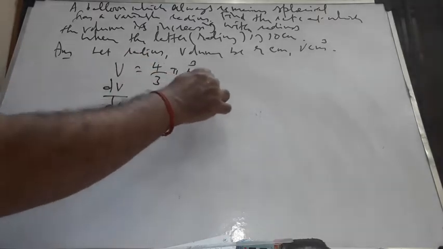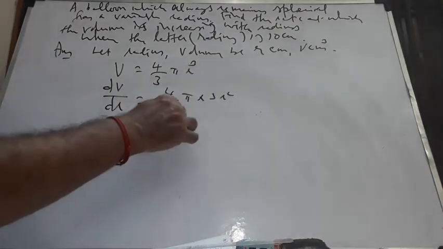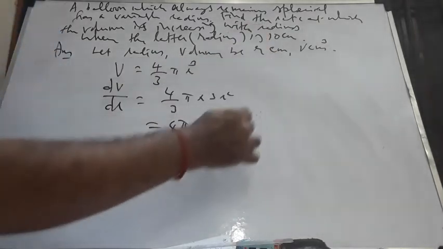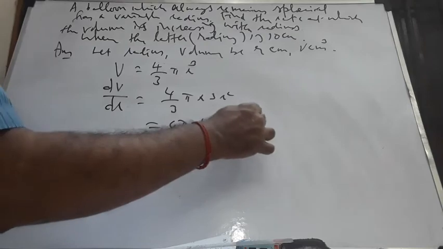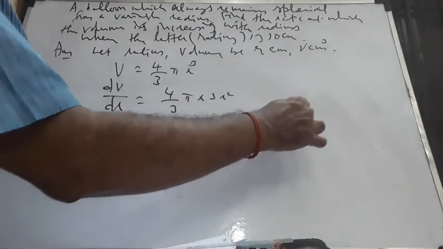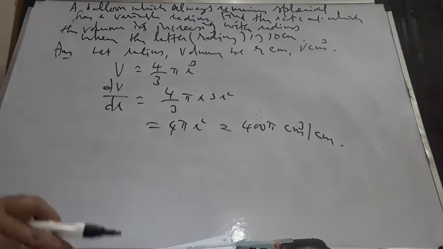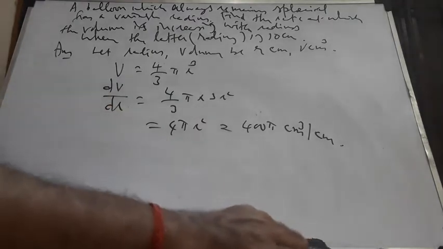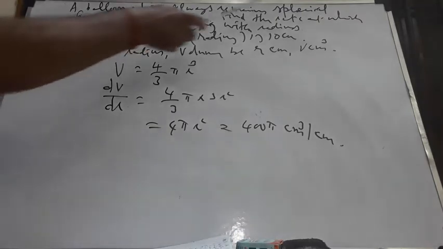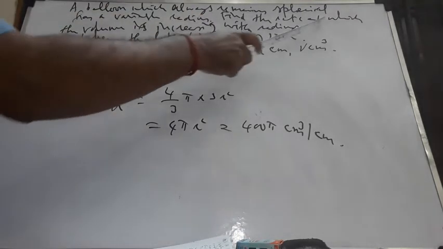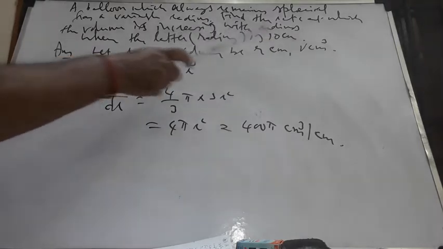Now, here I should find dv by dr. What do I get? 4 by 3 pi into 3 r square, which is 4 pi r square. My r is 10, therefore I will get it to be 400 pi centimeter cube per centimeter. Let me repeat. You are given a balloon which always remains spherical, has a variable radius. Find the rate at which the volume is increasing with radius.